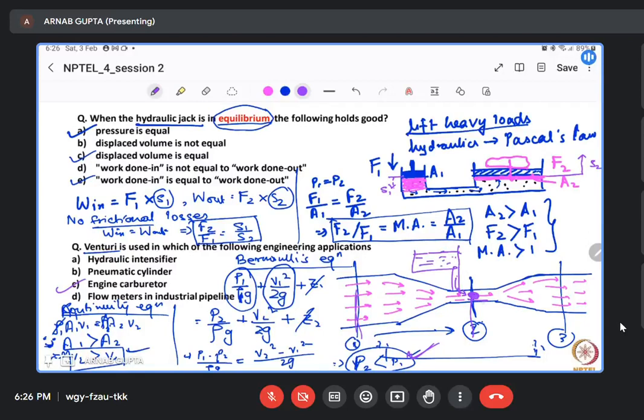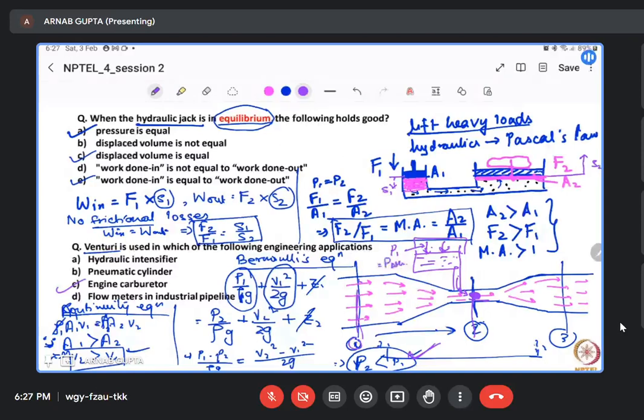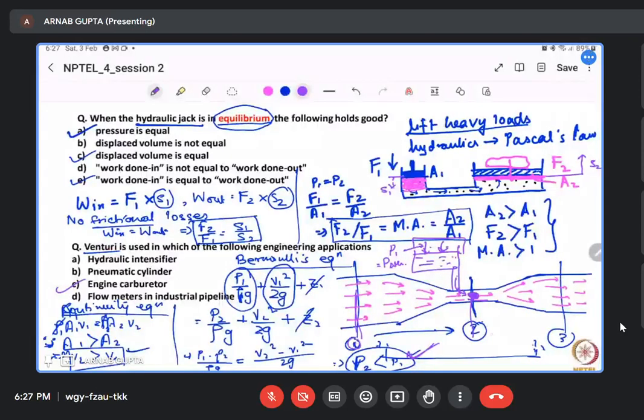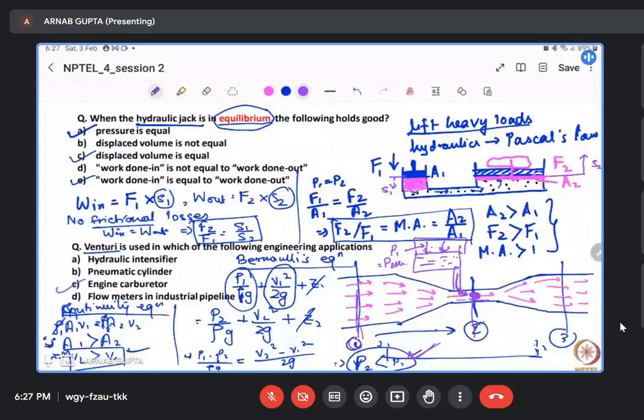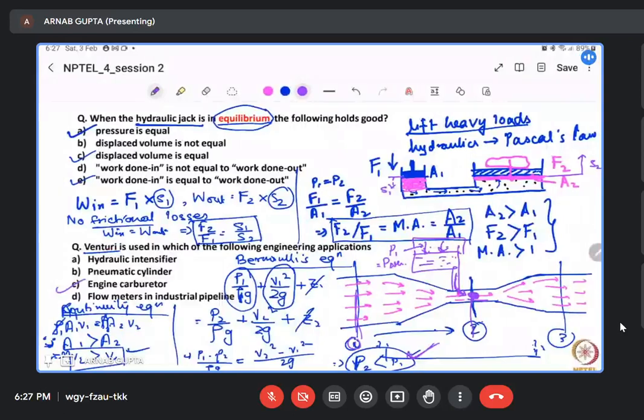P2 will be lower than P1, and the same pressure is maintained over the fuel tank also. So this is also P1 or the atmospheric pressure. As a result, since P2 is less than P1, due to this pressure differential, the fuel will be injected into the throat of the venturi. So this is used in engine carburetor.